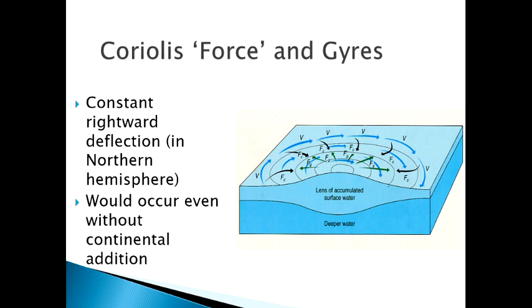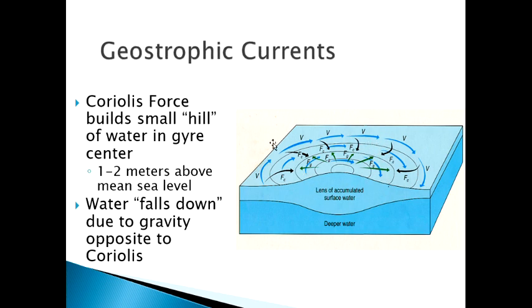This Coriolis force and gyres have this constant rightward deflection as you go, so this creates this lens, like it says here, of accumulated water in the center. It literally will build up small hills of water.